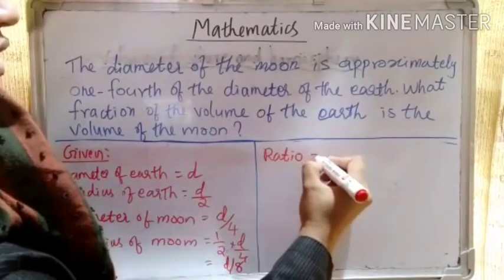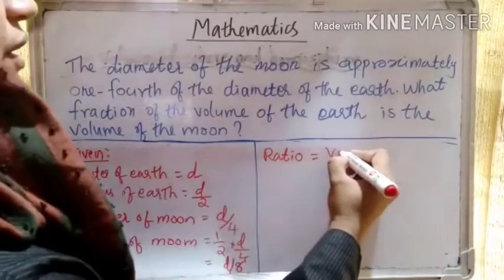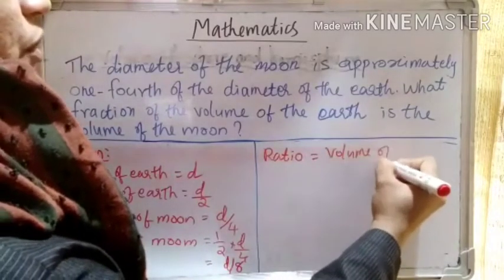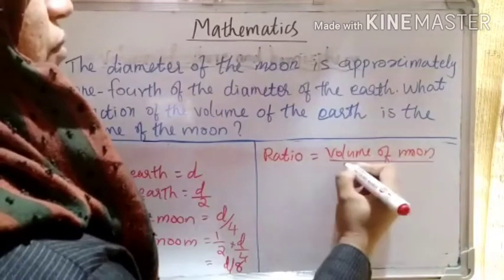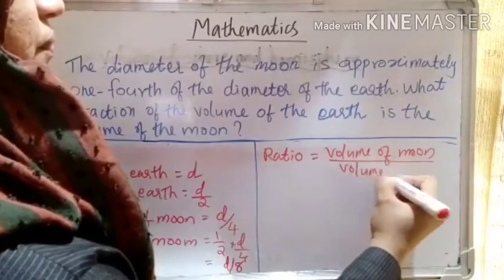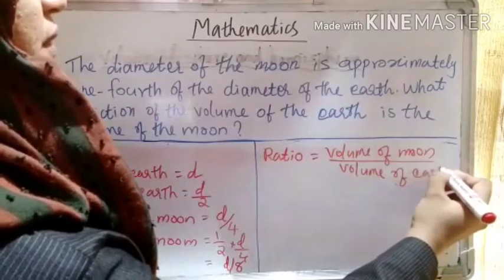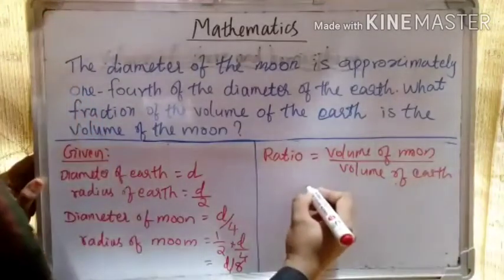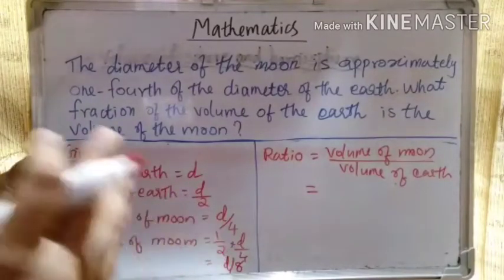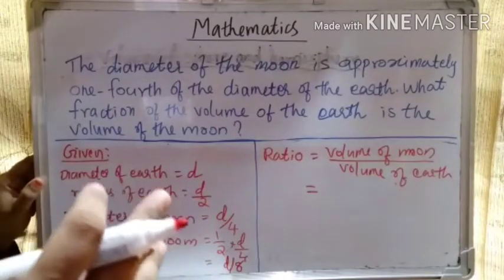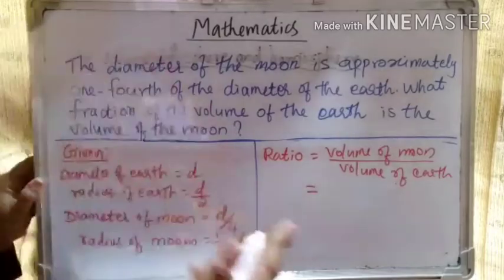Then we have to find the ratio. Ratio is equal to volume of moon divided by volume of earth. Then what is volume of moon? Moon and earth are basically in spherical shape. So volume of sphere is 4 by 3 pi r cube.